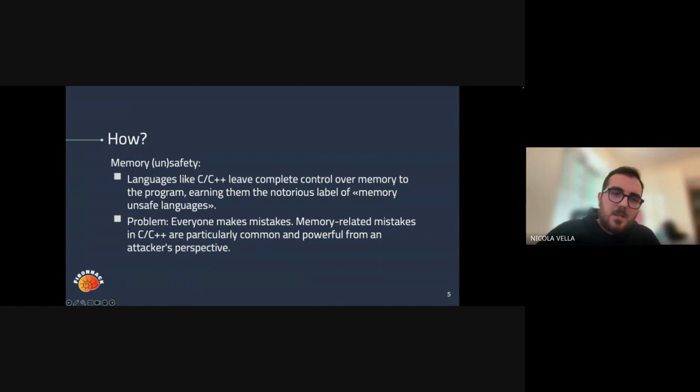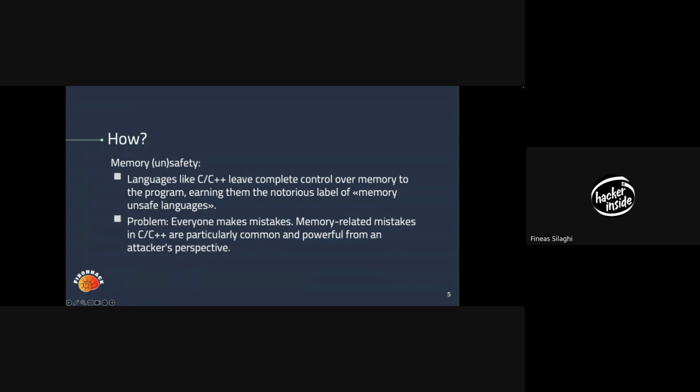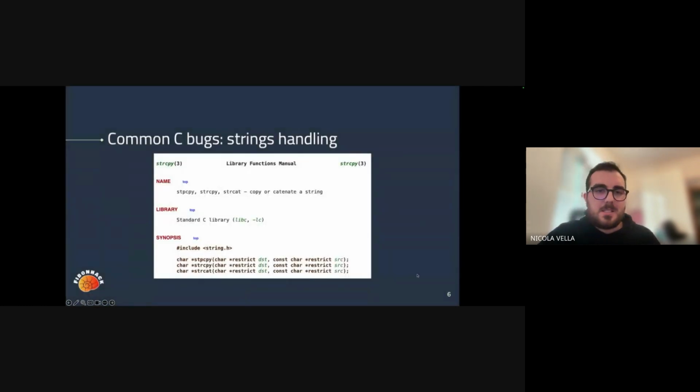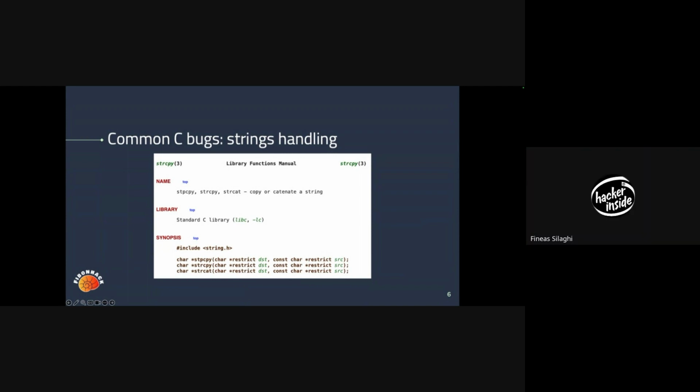But why are memory-related mistakes so powerful? We are gonna understand it with some examples. So first, let's understand what kind of bugs we commonly find in C programs, and then we will try to understand why those bugs are usually super powerful from an attacker's perspective.